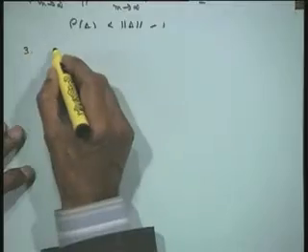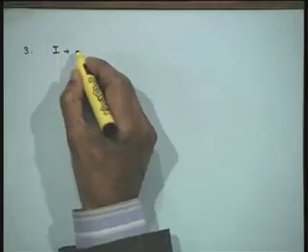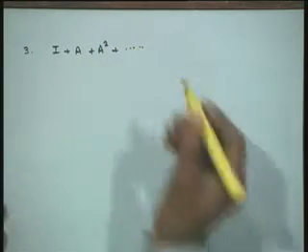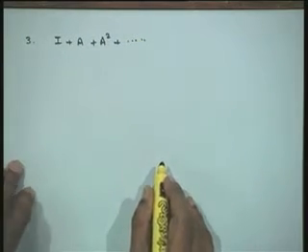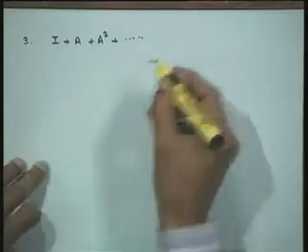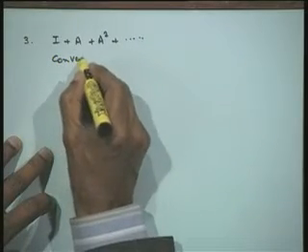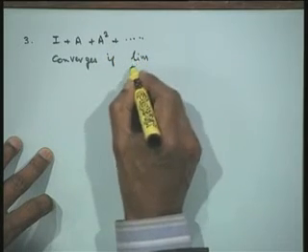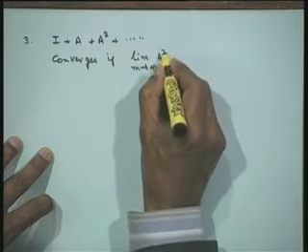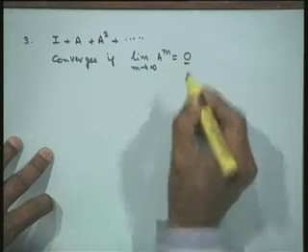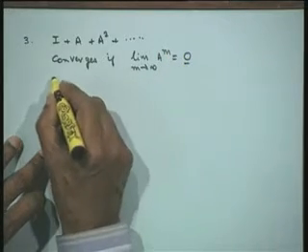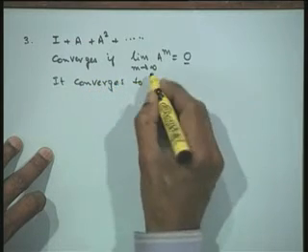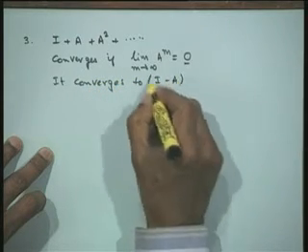So result 3 we can say: I have this infinite series I plus A plus A square and so on. Now I would like to show that this converges if the limit as m tends to infinity of A to the power of m is null, and secondly it converges to (I minus A) inverse.